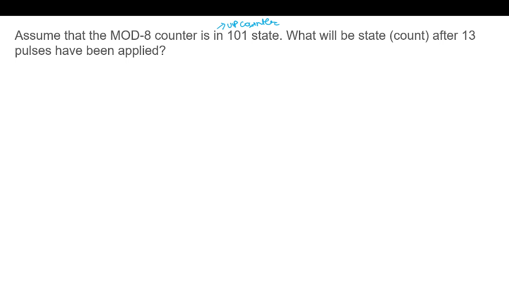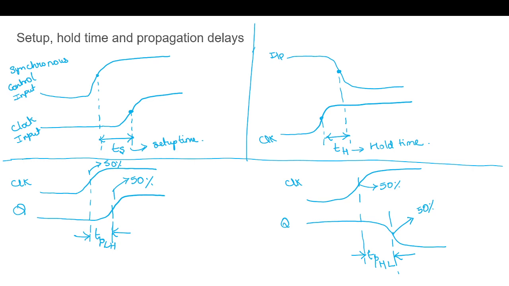Setup time is the time the input should be stable before the clock edge.